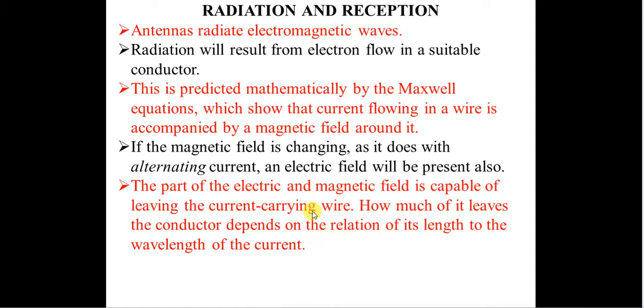How much of it leaves the conductor depends on the relation of the length of the conductor to the wavelength of the current. So it is totally dependent on the length relative to the wavelength of the current.